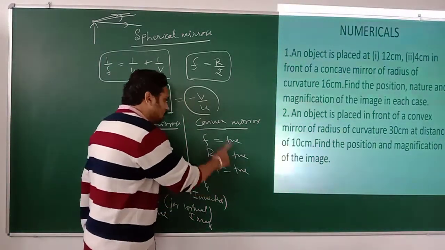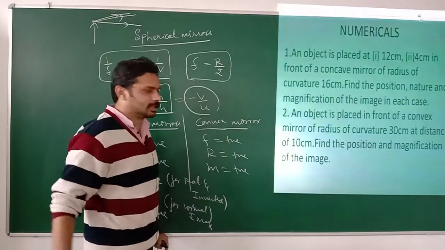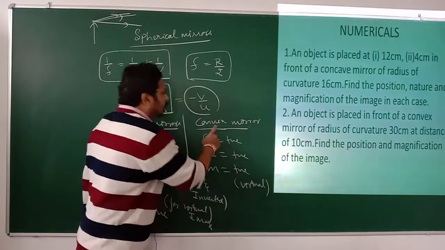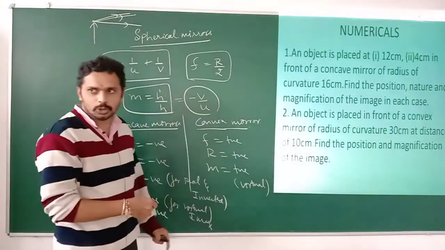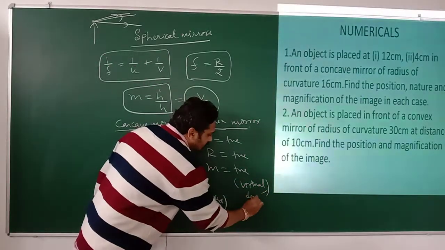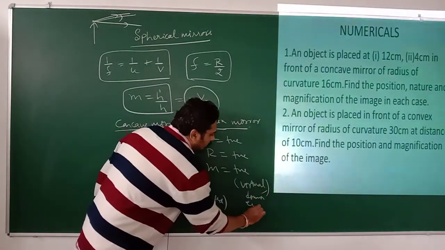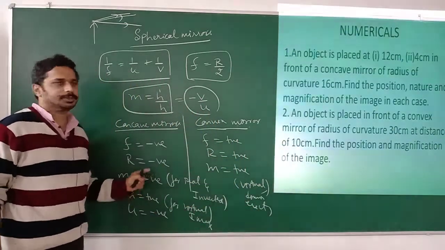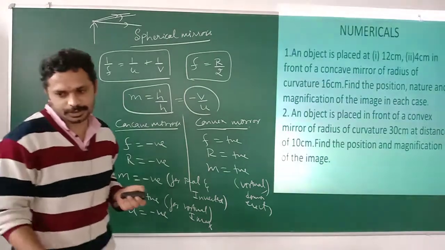The nature of the image in a convex mirror is virtual, diminished. Virtual is always erect. So we are using the sign conventions to solve the numericals.